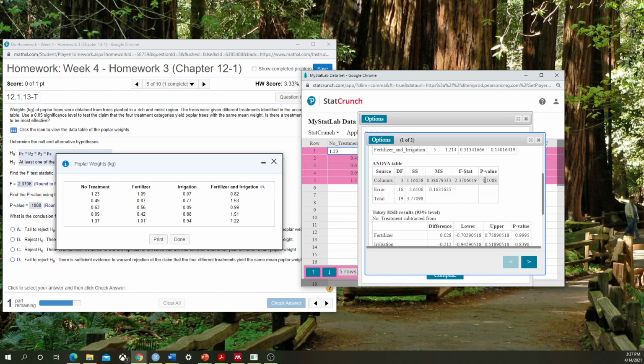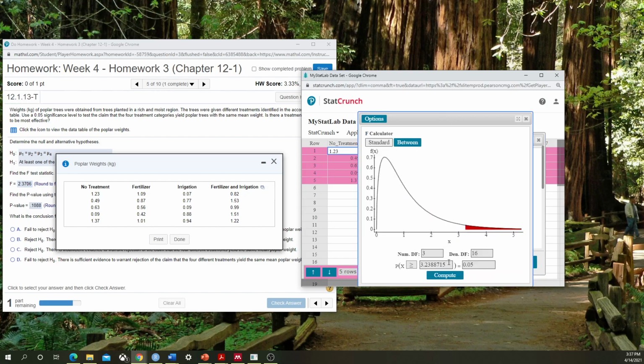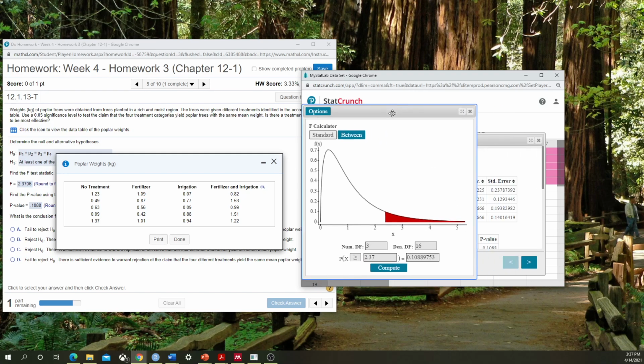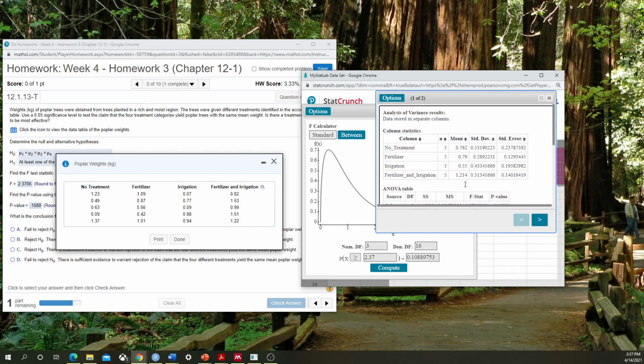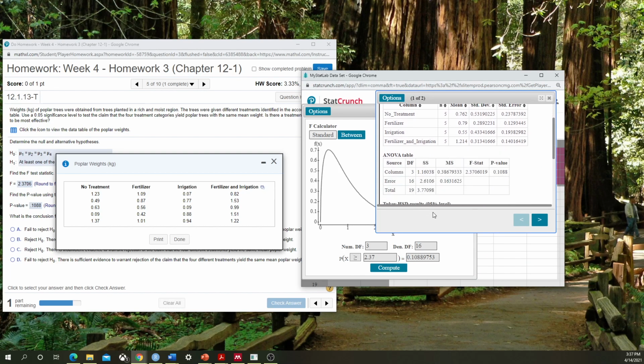It was 2.37, with a p-value of 0.1088. So if I put in 2.37 and compute, oh wow, that worked out amazingly well. I'm actually surprised, not at this, but at myself. It gives me a p-value of 0.1088, and that's what I have here.